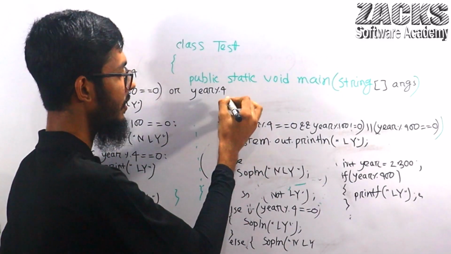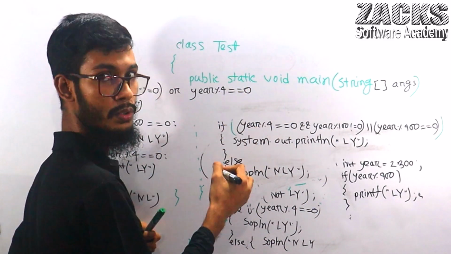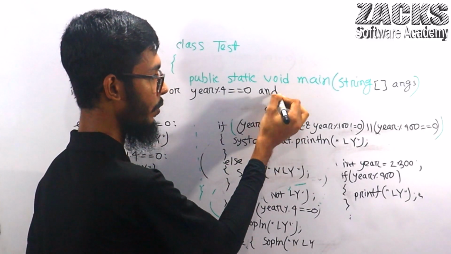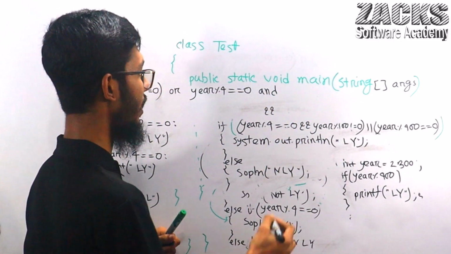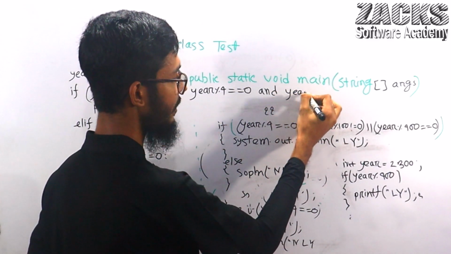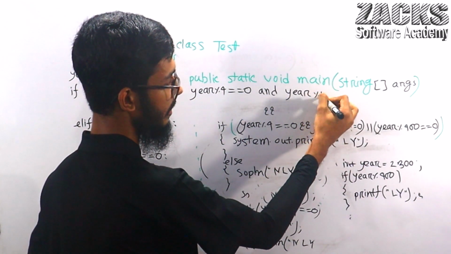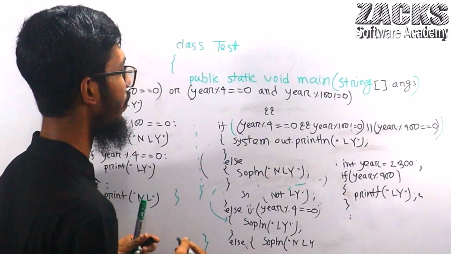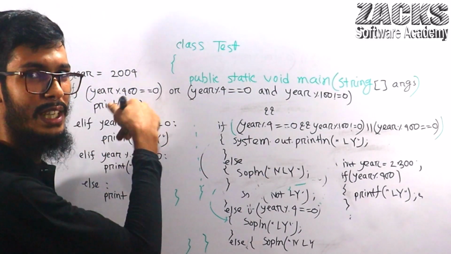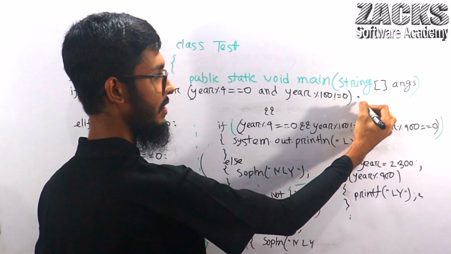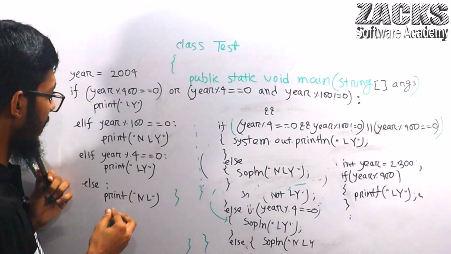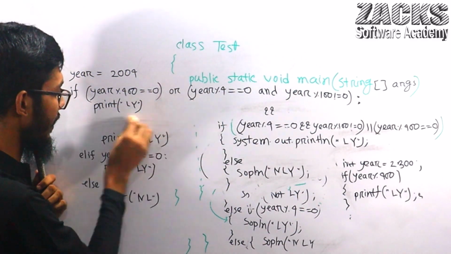Now if this is true, and we need to check, instead of this one, we are using directly and, like this one, and here is not divisible by 100. No need to explain once more. If both conditions are true, if you want, you can use one more parenthesis, but it is not required. If this is true, then this is leap year. Otherwise, else.